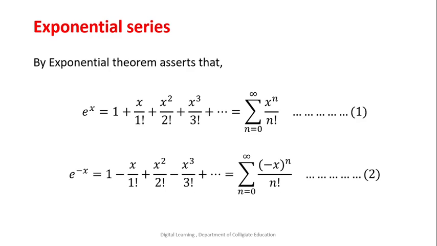Similarly, replace x by minus x, we get e to the power of minus x is equal to 1 minus x by 1 factorial plus x square by 2 factorial minus x cube by 3 factorial so on, that is summation n equal to 0 to infinity minus x to the power of n divided by n factorial. Call this equation number 2.